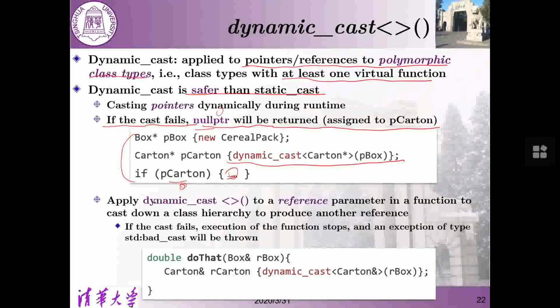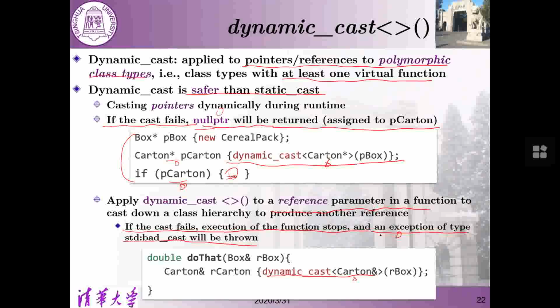We can also apply dynamic cast to a reference parameter. First, this one is on a pointer, right? It's on pointer, and then we can also make it work on reference. However, if we cast on reference, if the cast fails, execution of the function will stop, and there will be an exception.